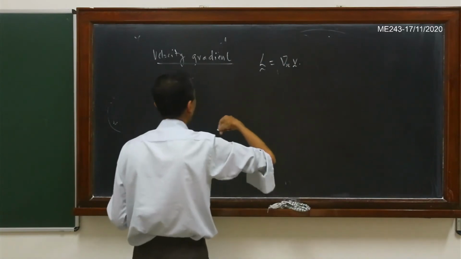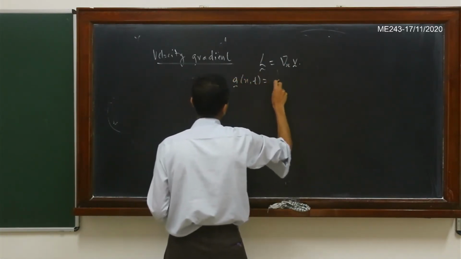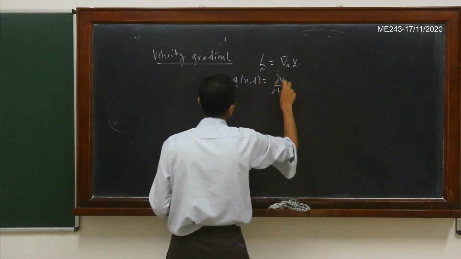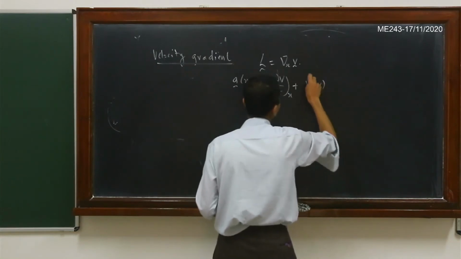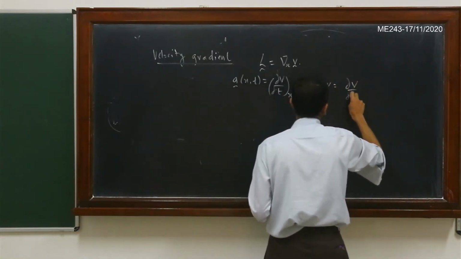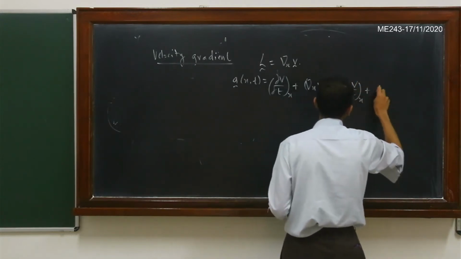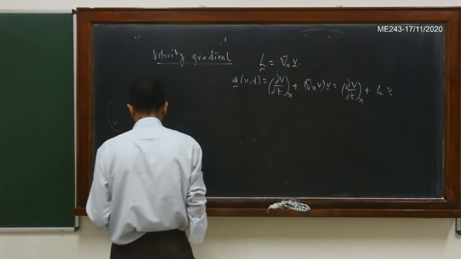And so I can write the acceleration which we have just derived as del v by del t plus del v times v. We can also write this as del v by del t plus L times v, because we have now defined this as L. Okay. Fine.